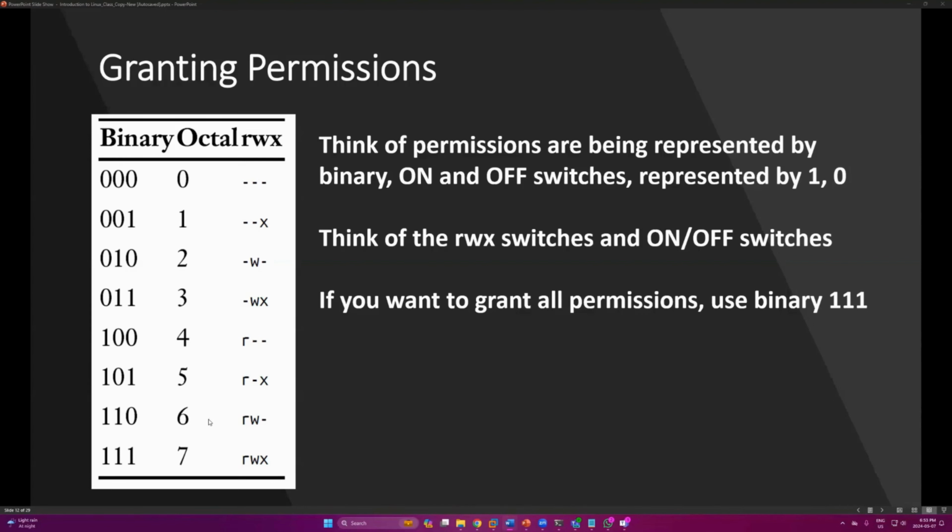Even if you want to add 6 and 1 together, because RW is missing an X, you add these together, you get 7, and you get read, write, and execute. So this is how you figure out what permissions are represented by what number. And it's actually quite easy once you get the hang of it.